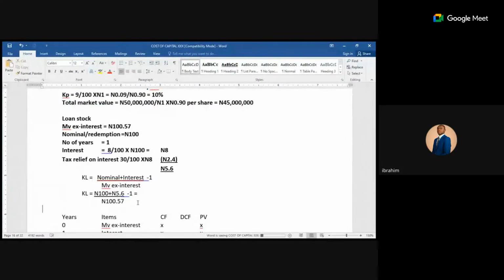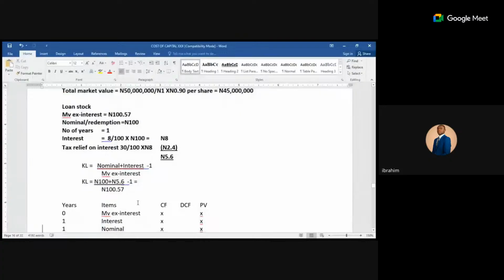Why we use this formula is because the loan stock is redeemable within a year. So when it is redeemable within a year, you will not use internal rate of return. However, you have to use the ingredients that are used to calculate the internal rate of return to determine the cost of the debt.